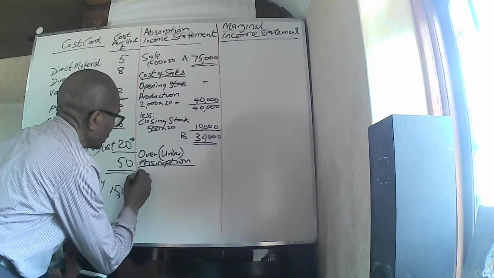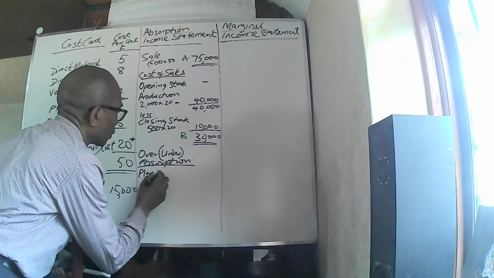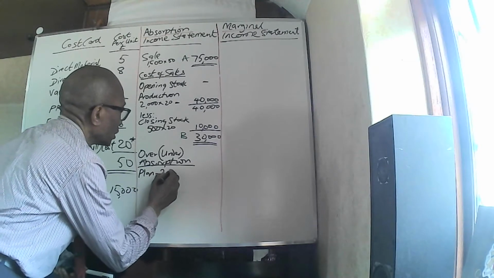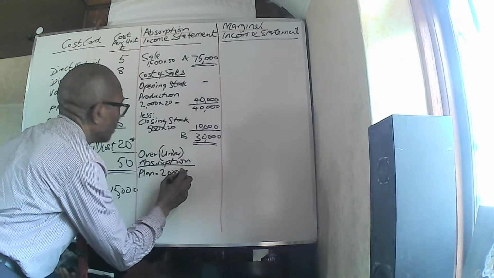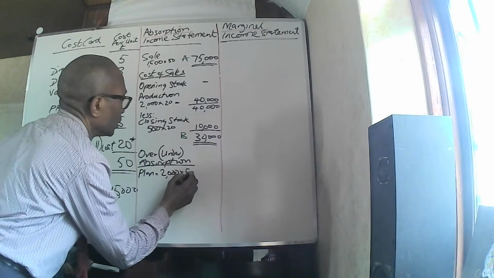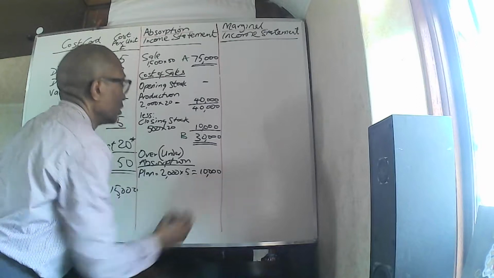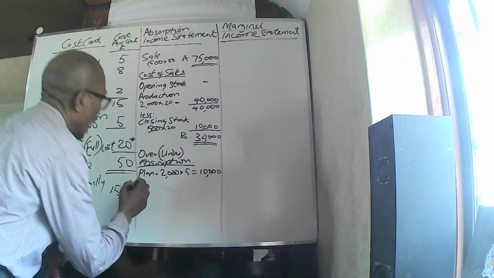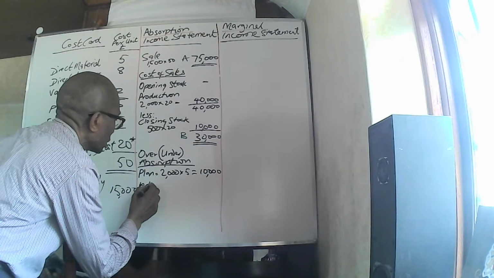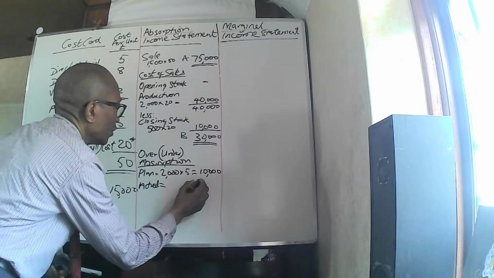So plan equals 2,000 units at £5 equals 10,000 pounds. But actual equals 15,000.